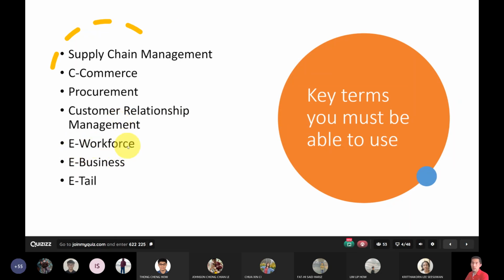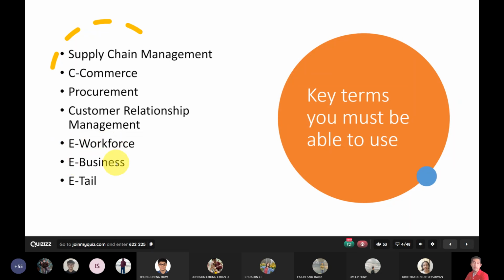Looking at e-workforce, this is very relevant today, especially with the pandemic and everyone working remotely. You can look at how the virtual workforce, working from home, working remotely, is becoming very popular. More and more organizations are adopting it, but interestingly, they are adopting it a bit differently from one another.